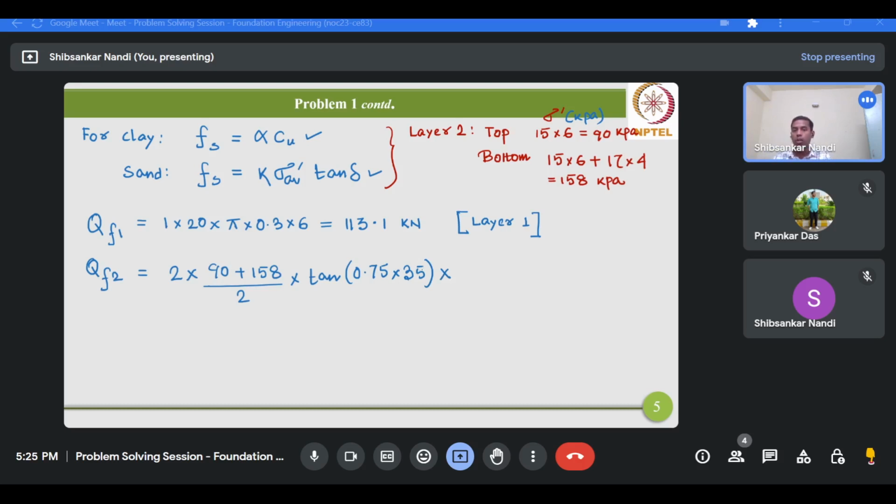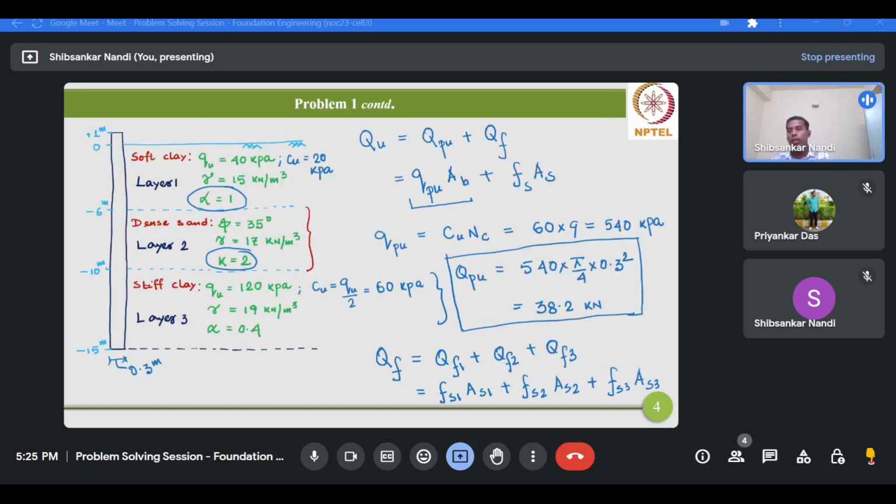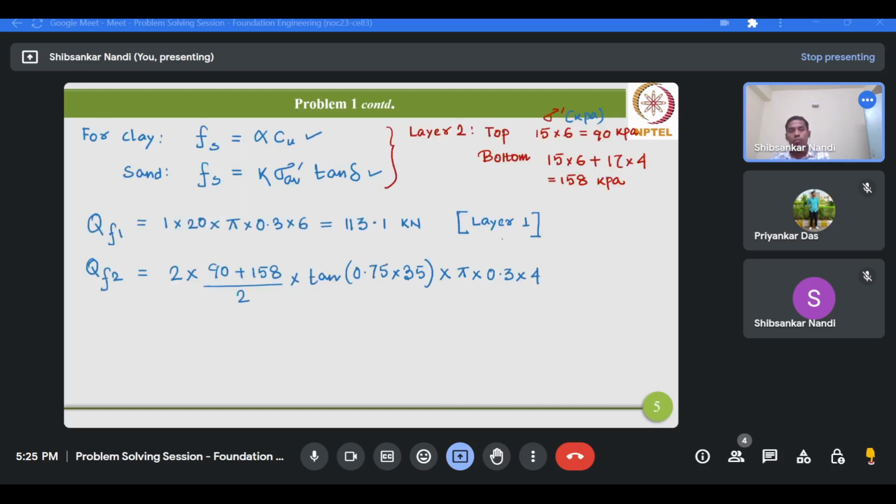Now this value we have to multiply with the corresponding surface area, which would be pi times 0.3 times the length. The length of the pile in layer 2 is 4 meter, that is 10 minus 6. This will be the ultimate skin friction resistance contributed by layer 2. Now please calculate and let me know what the value would be.